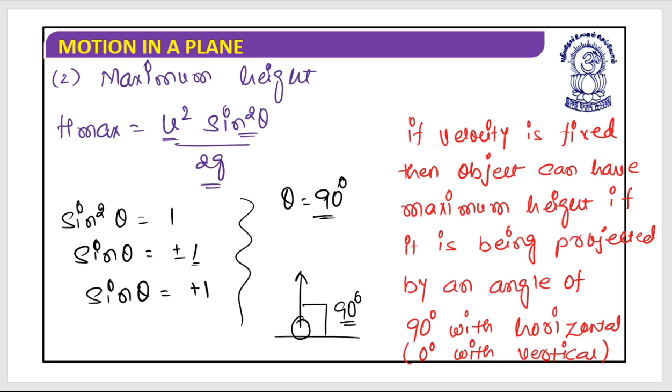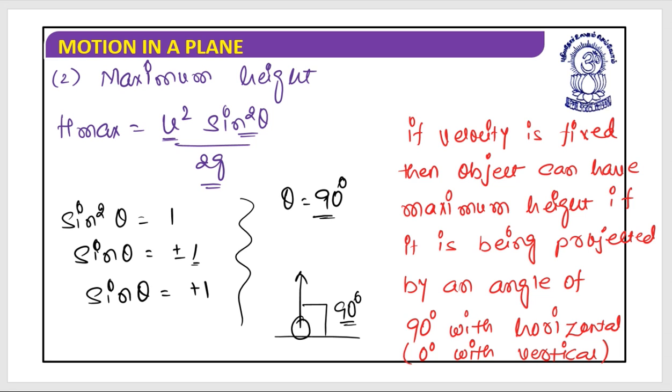Yes, this is the condition. This is the condition for maximum height. If you throw this with the angle of 90 degree with the horizontal or 0 degree with the vertical, your achieved height would be the maximum.